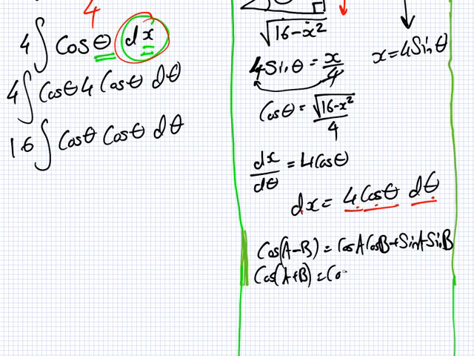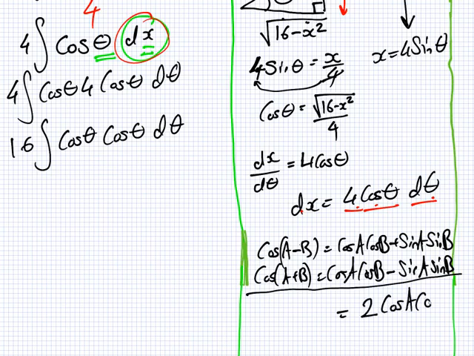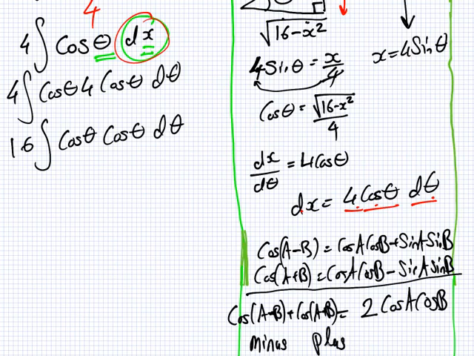Well, that would be cos A cos B minus sine A sine B. If I add these together, on the right I'll get 2 cos A cos B, and on the left I'll get cos A minus B plus cos A plus B. Sorry, you can't see that, but this one is the minus and this one is the plus. So this is cos A minus B and this is cos A plus B.